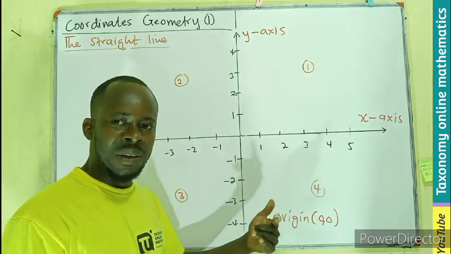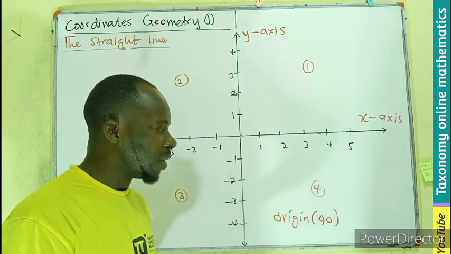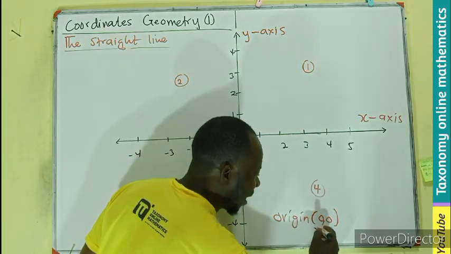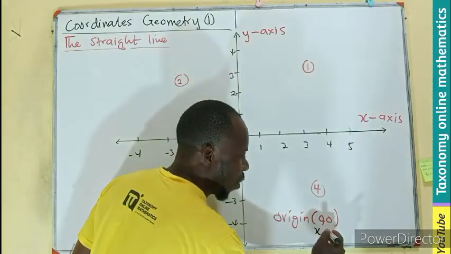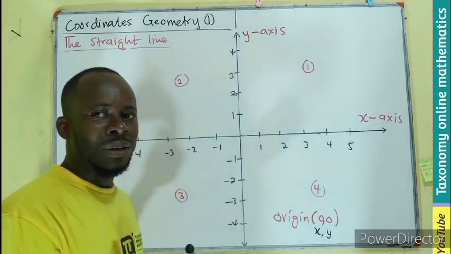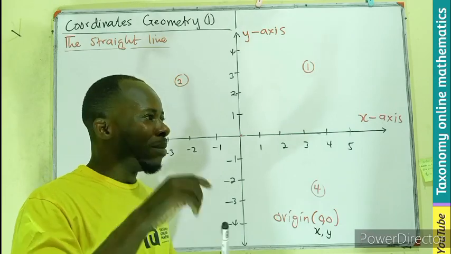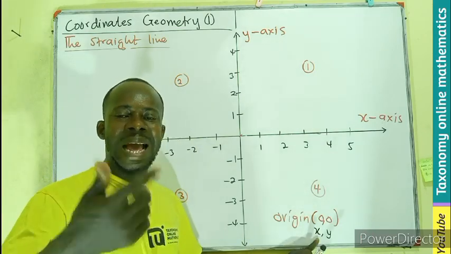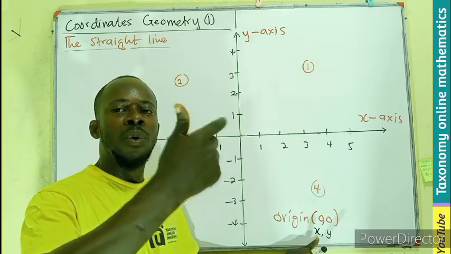Now, how do we identify the point at the coordinate? The first value is on the x-axis, then the second value is on the y-axis. So no matter the point, if I mention a figure or a value, I am referring first to the x-axis, before the y-axis.